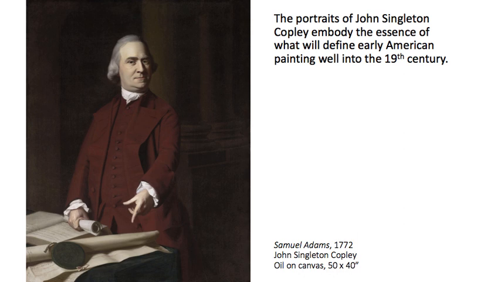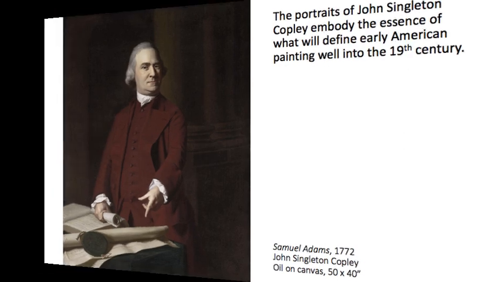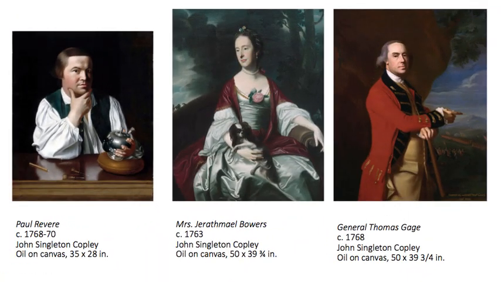And so we might start to get the idea, looking at these portraits, that Copley was part of this radical association, the way that we will later see that Jacques-Louis David was very much a part of the radical side of the French Revolution. But this was not so. Let's take a look at the spectrum of portraits that Copley would paint.